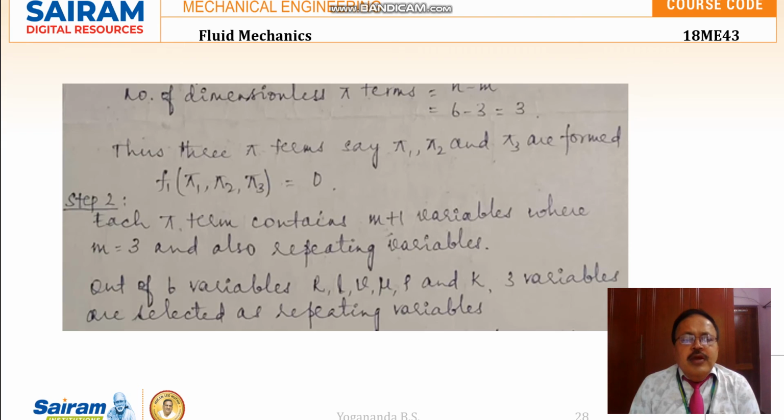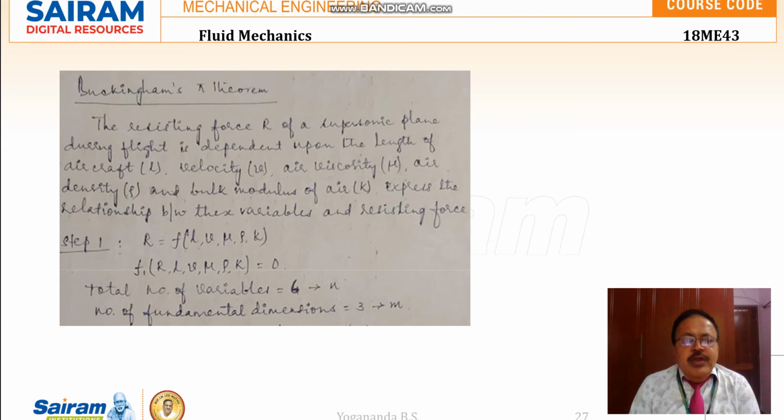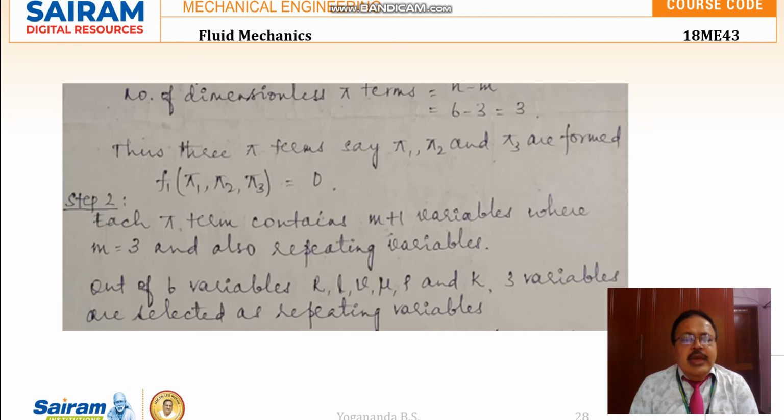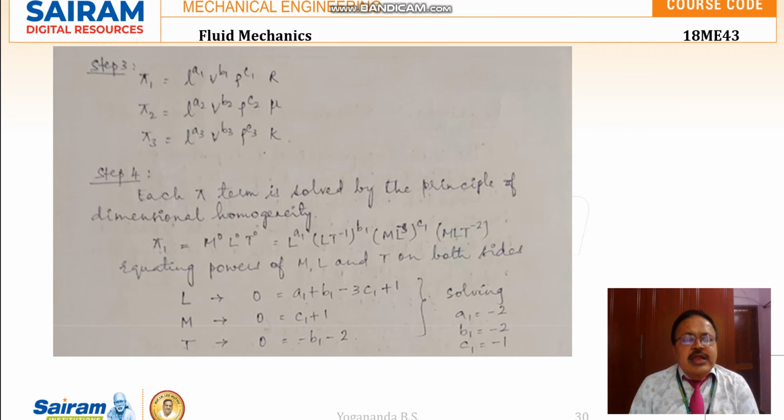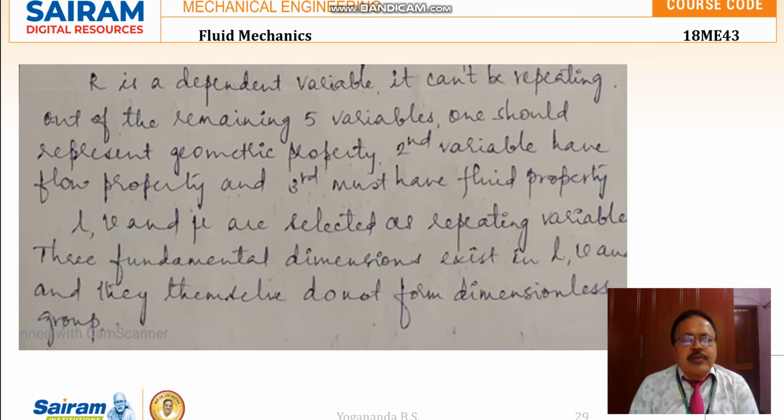Out of L, V, mu, rho and K, we are selecting L, V and mu as repeating variables. L represents the geometric property, that is length. V, velocity, is the flow property.